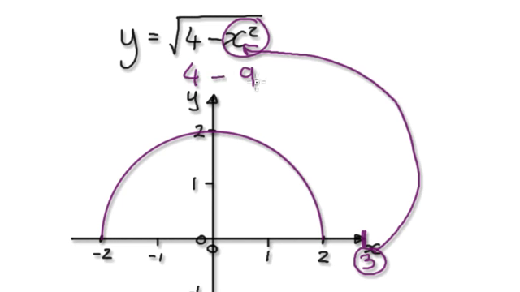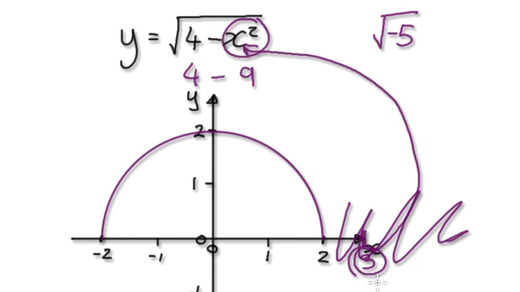So 4 take away 9 is going to be negative 5. What's the square root of negative 5? Well, you can't really square root a negative number. So it makes no sense to put 3 into here.